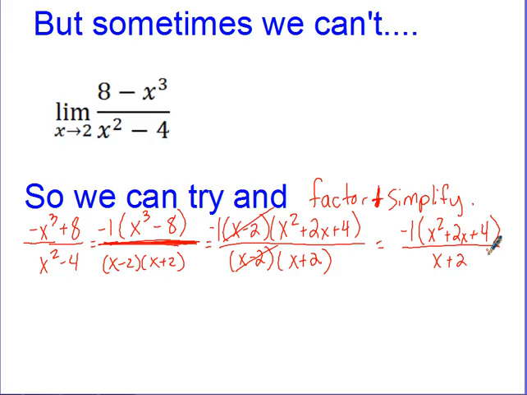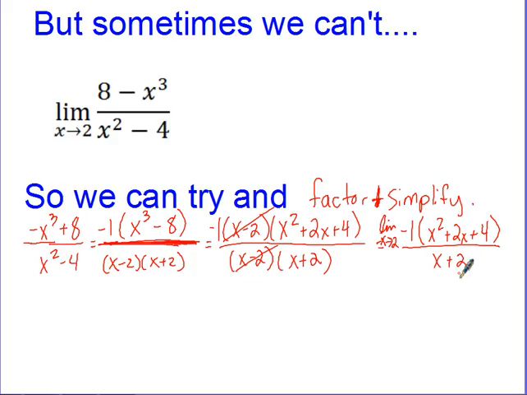And remember, this is the limit as x approaches 2. So now, look what happened here, Jordan. Now that I've factored and simplified, as I'm approaching 2, is there an issue anymore? No. The issue is gone. So 2 plus 2 is now 4. So guess what I can do now? Plug in.